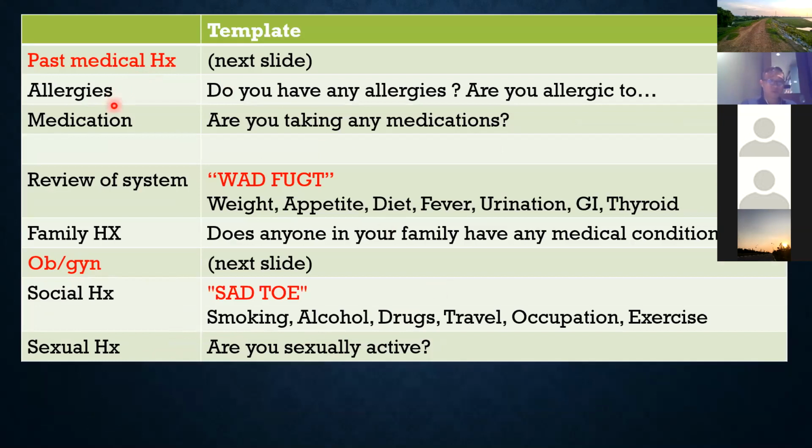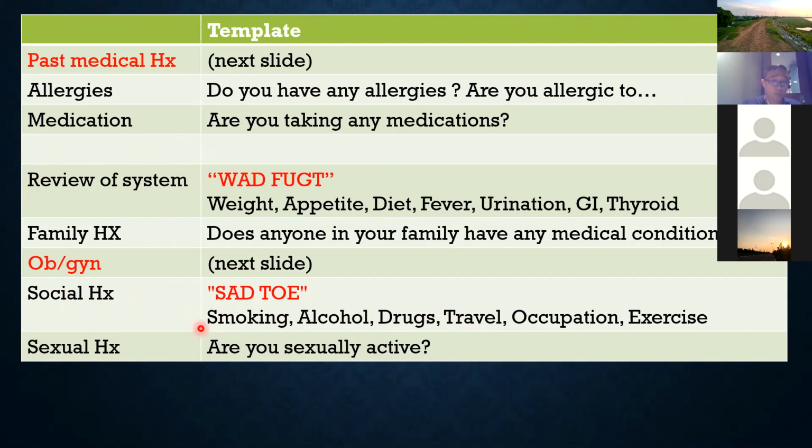And for the past history, we will discuss the past medical history and OBGYN in the next slide. And for the allergies, we have some template here, and this is a mnemonic that you can use to ask the patient when we review system by system. Okay, and for the social history, be careful with the sexual history because that is sensitive information that the patient may not share with you.